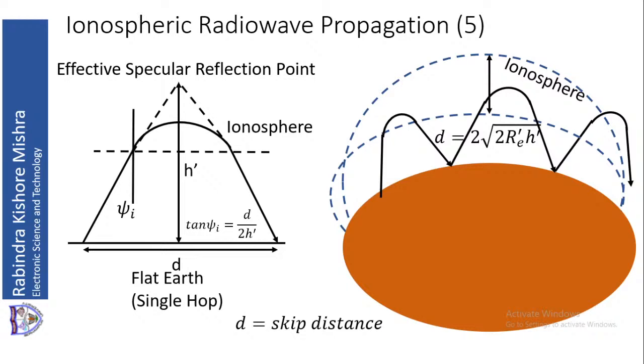But if we consider the spherical earth model, then the wave is to be launched on the horizon, and then d will be equal to 2 root over of 2 r dash h dash. This derivation we will see in 2-3 slides from now.